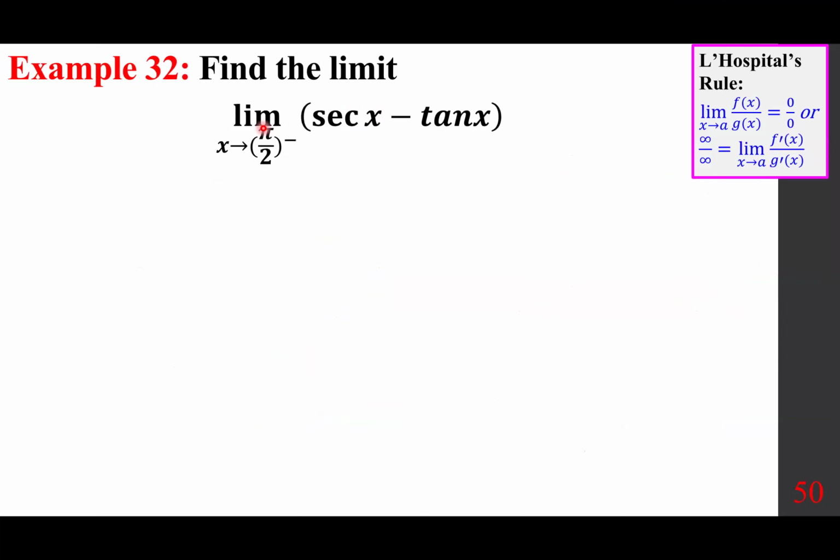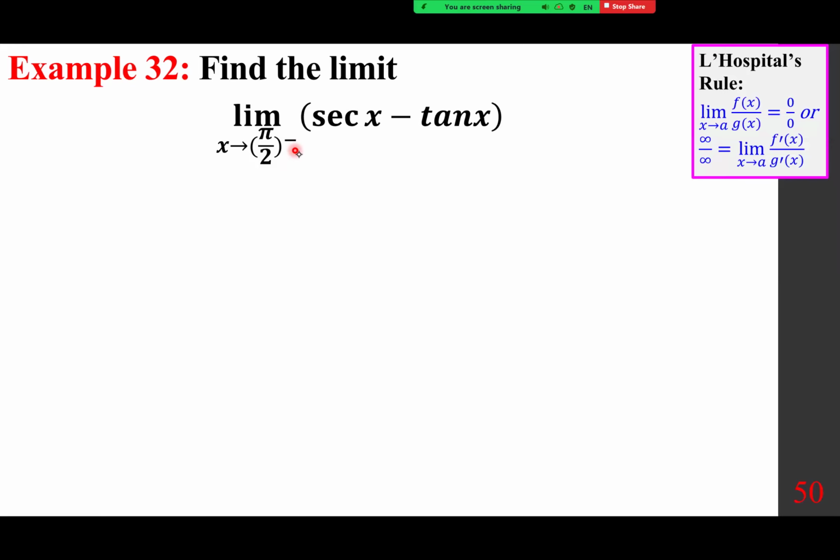Find the limit of secant x minus tan x as x approaches pi over 2 from the left. And again, even if you don't know secant, we know it's 1 over cosine, and cosine is 0 when we get close to pi over 2. So 1 over cosine, or secant x, is infinity, and it depends from which side. Pi over 2 from the left means the first quadrant.